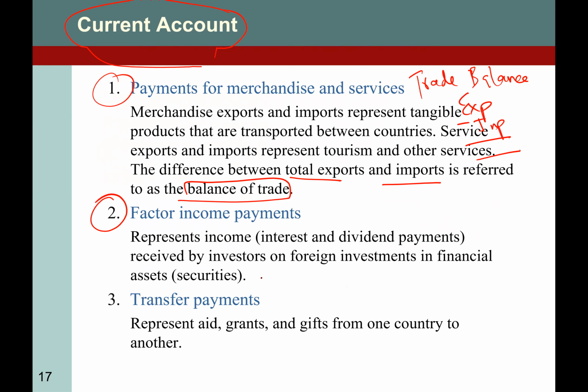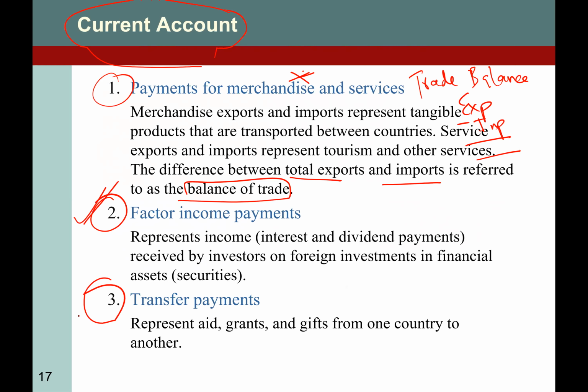If you are in China and you invested in the US banks, or you fixed your deposit in a US bank, and you are receiving interest payments, right? In receiving the interest payment, it means money is coming to China, right? So that would not be the balance of trade. That would be factor income payments.